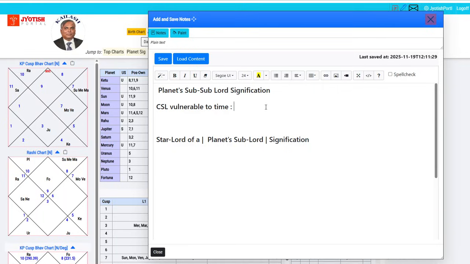But this is just the 40% reason. People think that because of this we should not use the cuspal sublord, but this is just 40%, the vulnerability to the time difference. The 60% reason is something else, which I have discussed in some of my videos, but I'm going to consolidate and pull it all together in one video where I'll show you why cuspal sublords are not meant for the birth horoscope.